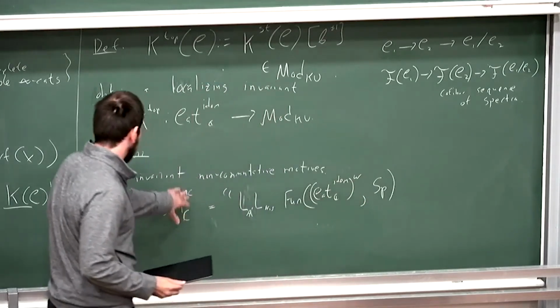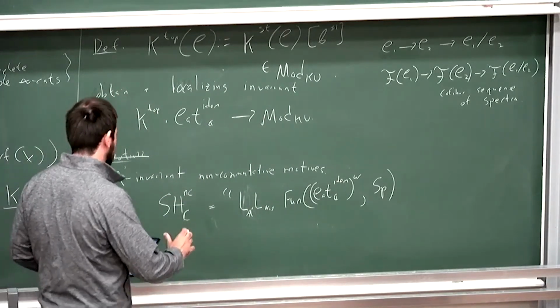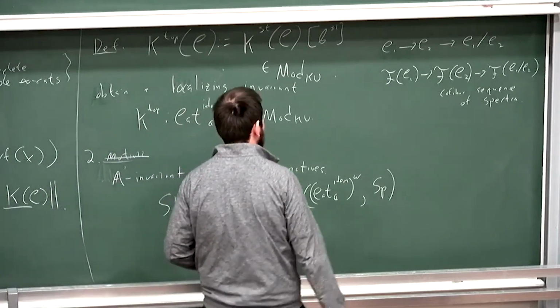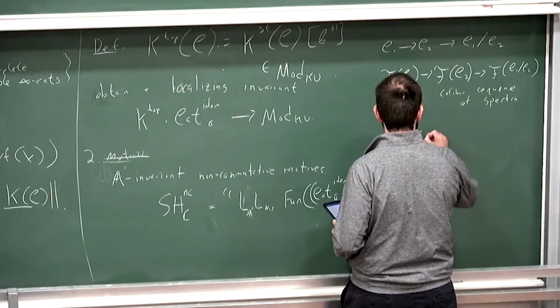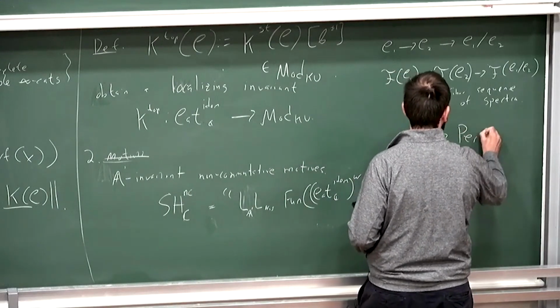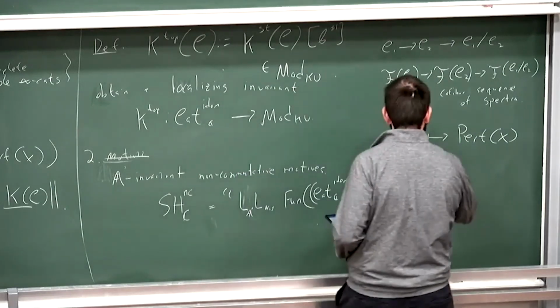And this is exactly this category, and it admits a comparison with commutative motives, essentially because if you have a scheme, you could send it to its DG category of perfect complexes. This gives you an adjunction.